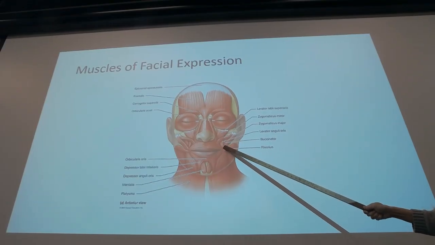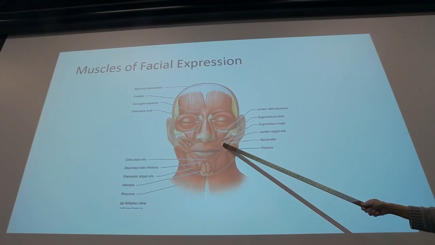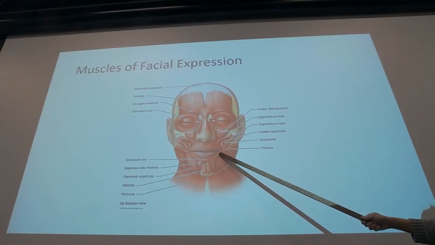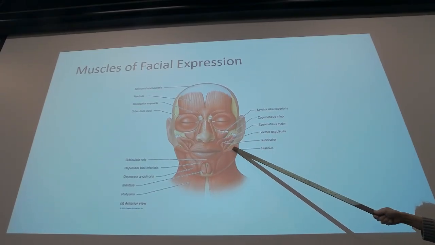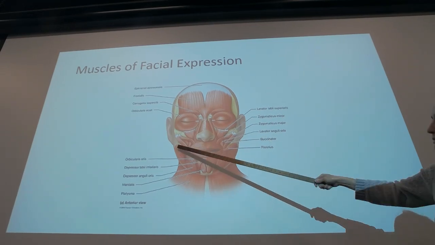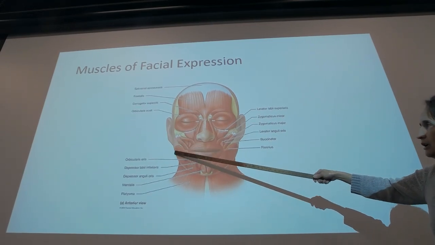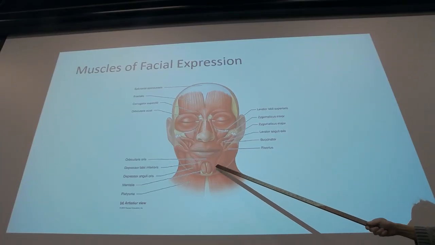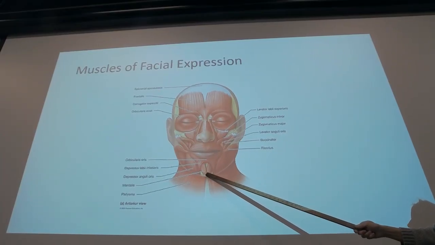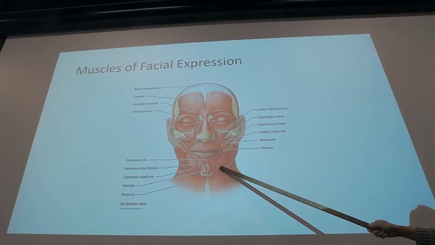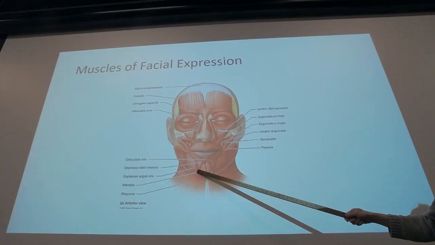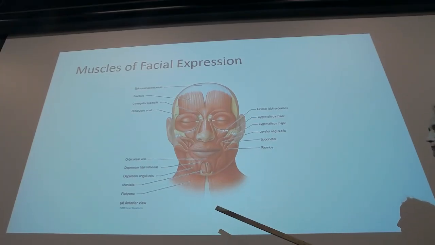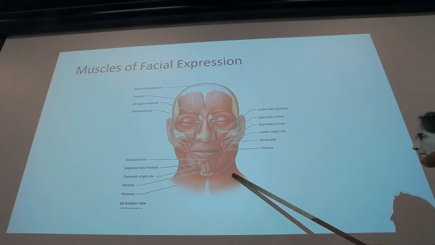Zygomaticus minor, zygomaticus major, levator anguli oris, orbicularis oris, risorius. It's not shown in here, but we have the buccinator here. This is the mentalis. And then this is the depressor anguli oris and depressor labii inferioris and platysma.